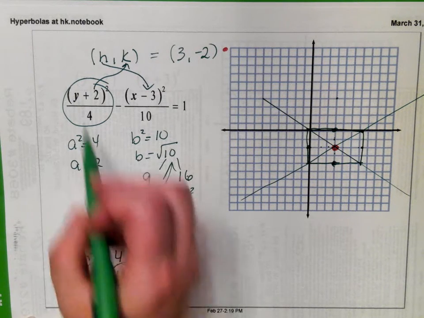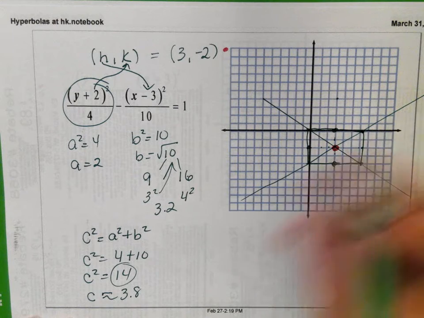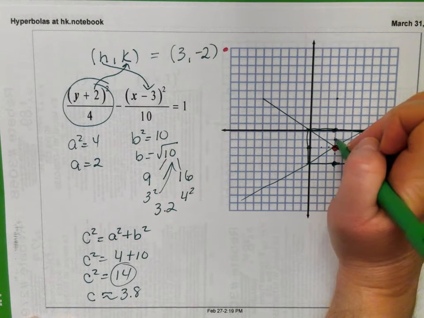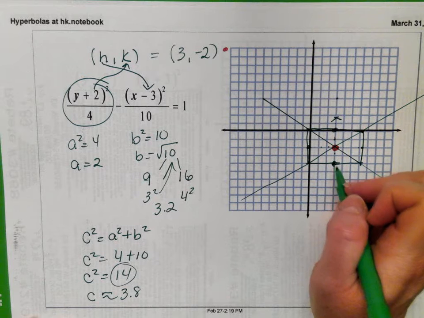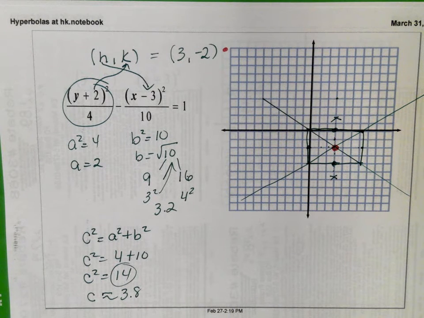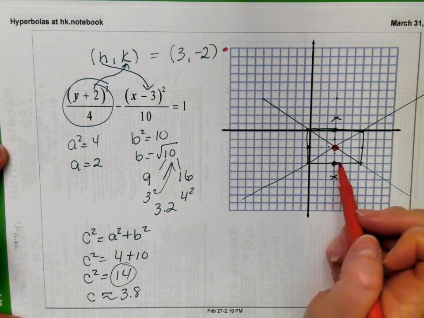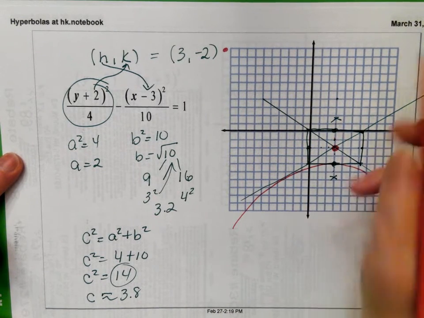Okay, remember, A and C go the same direction. A went up and down, so C is going to go up and down. 1, 2, 3.8 is going to put me about there. I'm going to grab my other pen here, and we're going to draw the hyperbola like so.